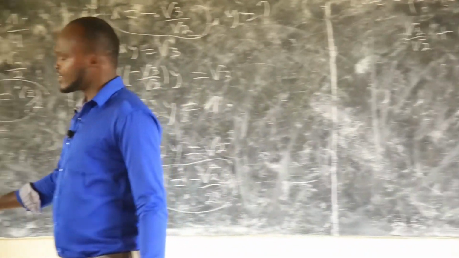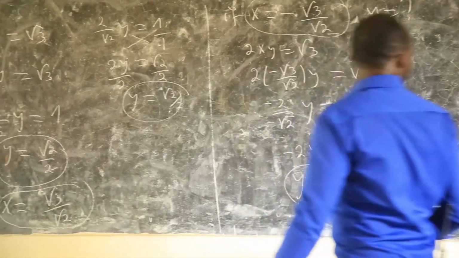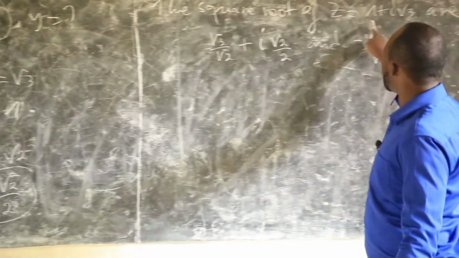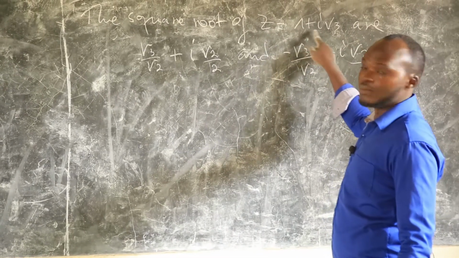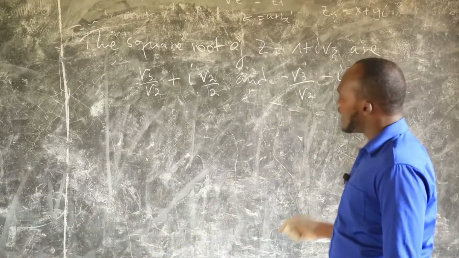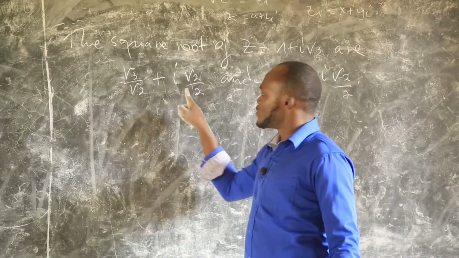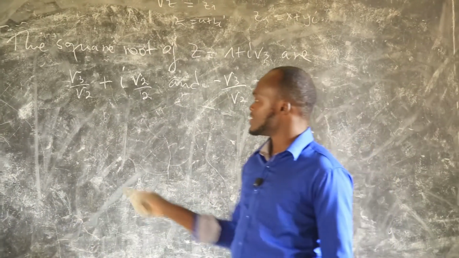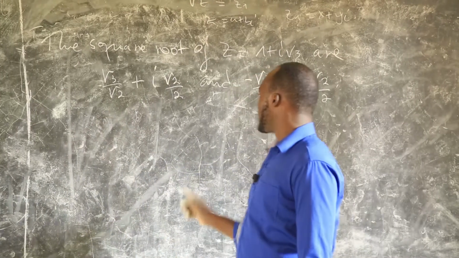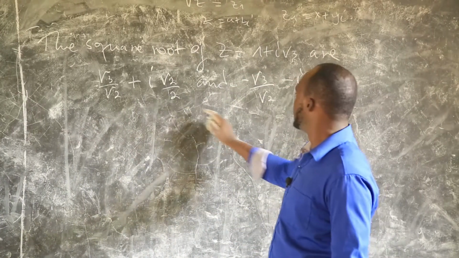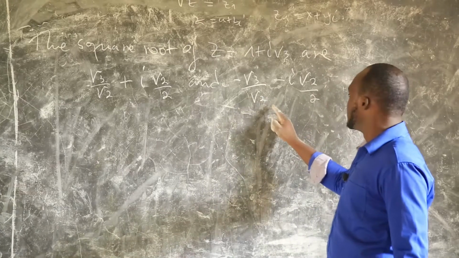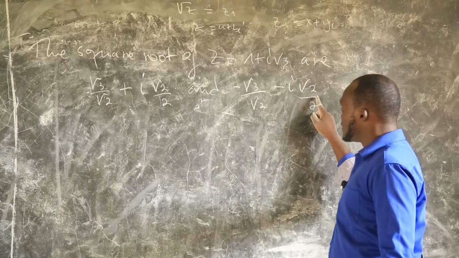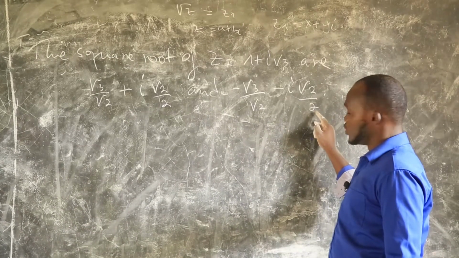That is why the square root of this z, where a is 1 and b is root 3, are x plus yi, where x here is root 3 over 2, plus i root 2 over 2, and negative root 3 over 2 minus i root 2 over 2.